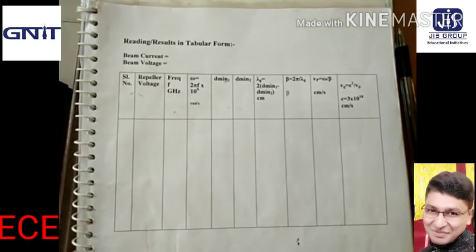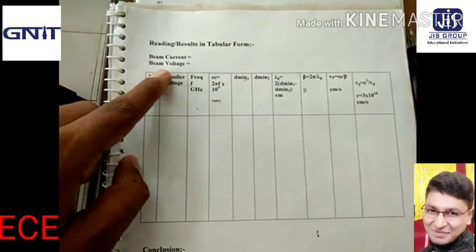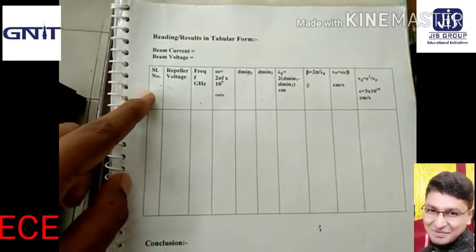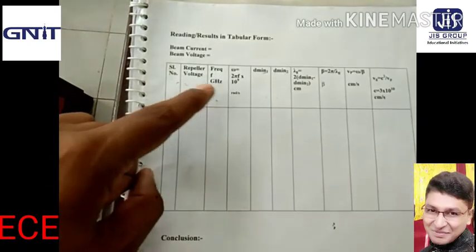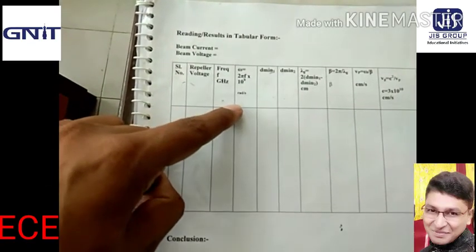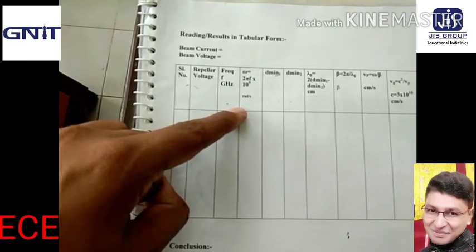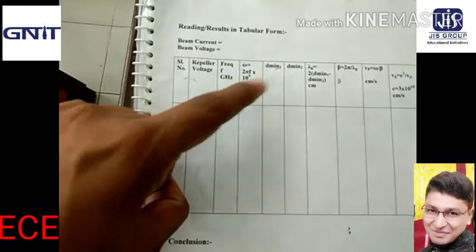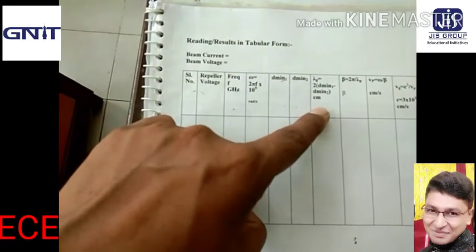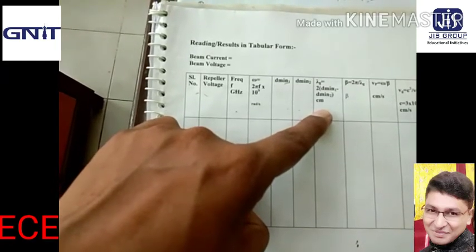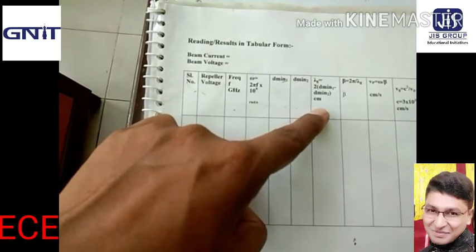This is our reading or result table. This is beam current, beam voltage, and the table serial number, repeller voltage, frequency, omega is equal to 2 pi f into 10 to the power 9 radian per second. This is d min 1, this is d min 2, this is lambda g. Lambda g is equal to 2 times mod of d min 1 minus d min 2.